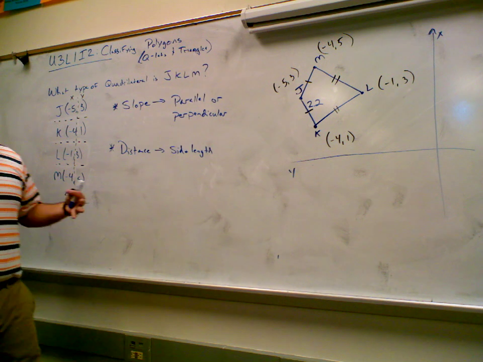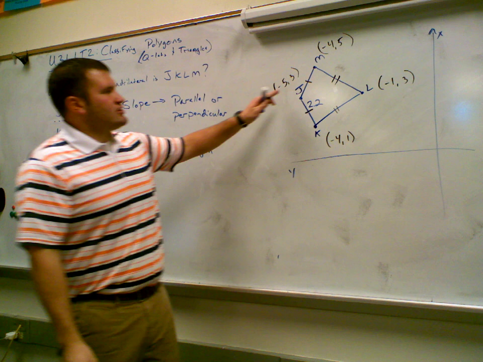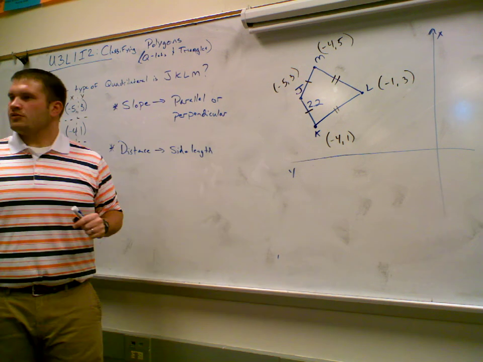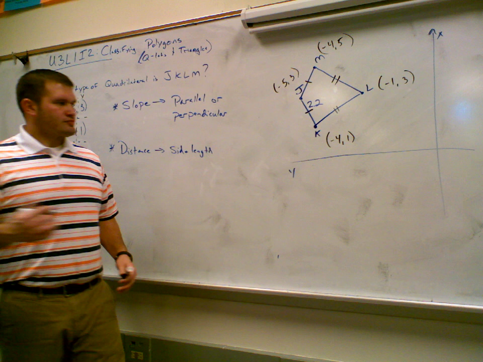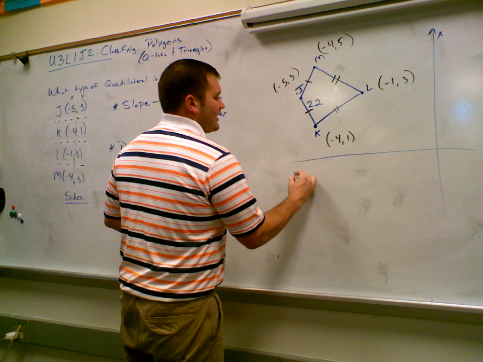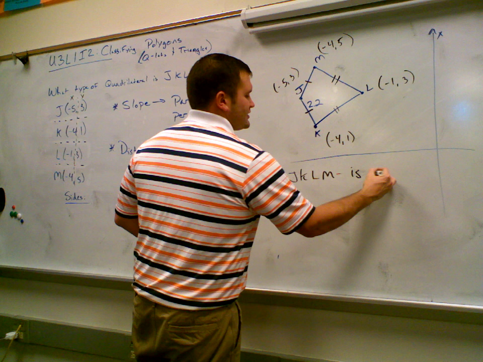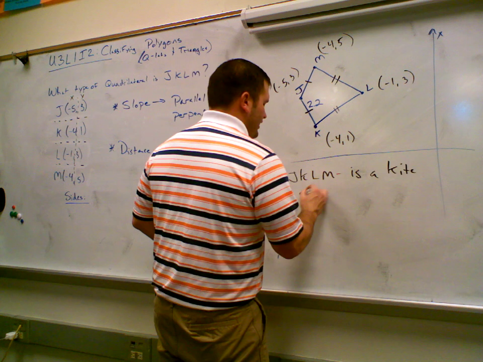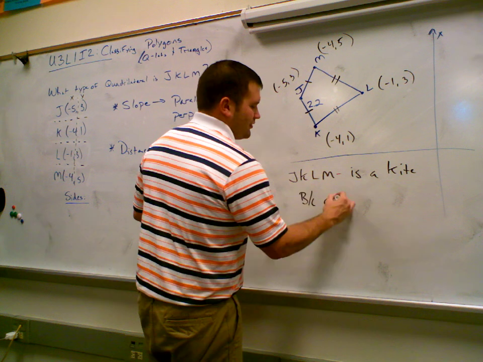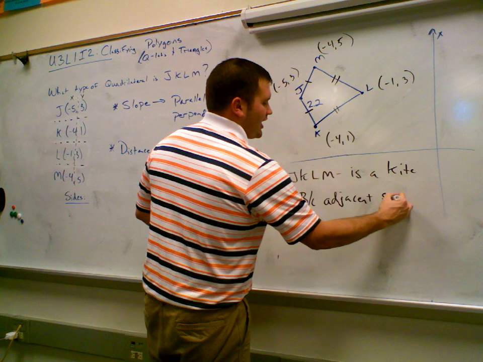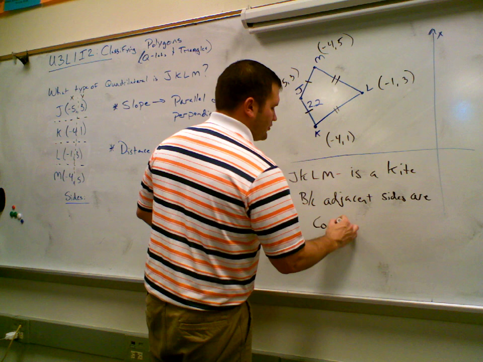So which figure has adjacent sides congruent? A kite. Adjacent means next to, right? So we know that JKLM is a kite because adjacent sides are congruent.